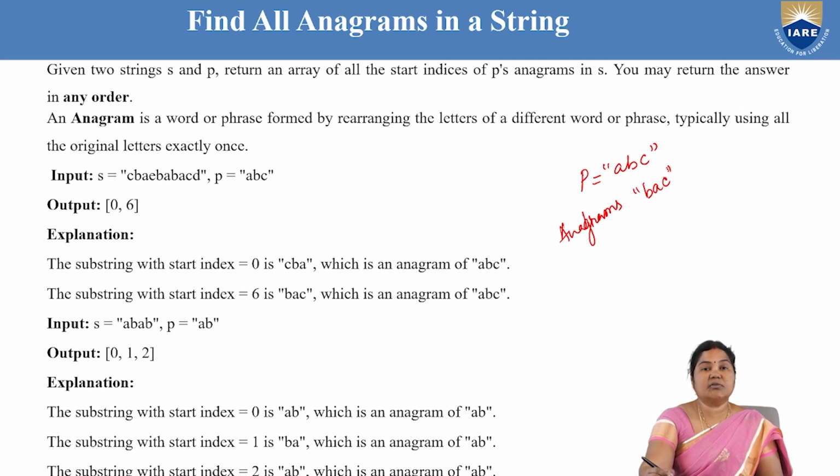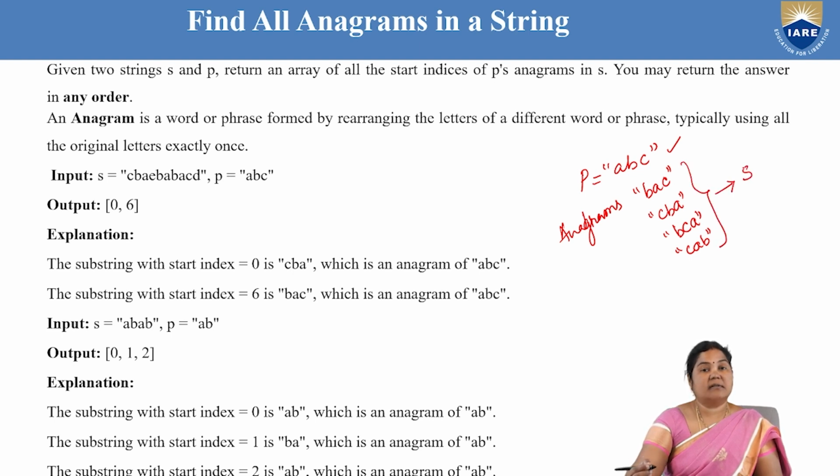So, same letters you have to use, you have to just rearrange. It may be CBA, okay? It may be BCA, okay? It may be CAB. These are called the anagrams of my original P. So, if these kind of anagrams are available in S, then we have to return the starting index of it.